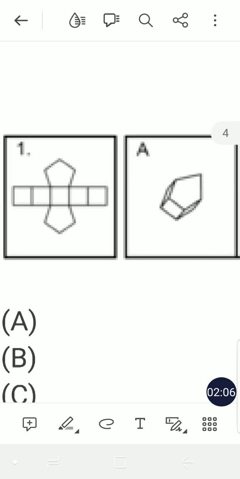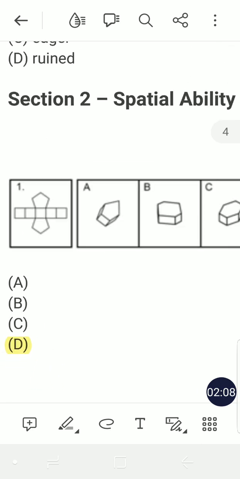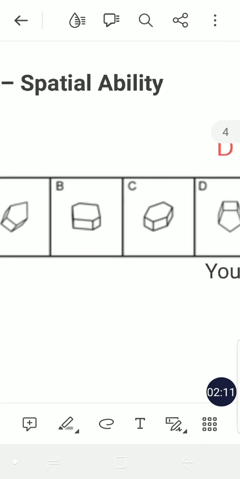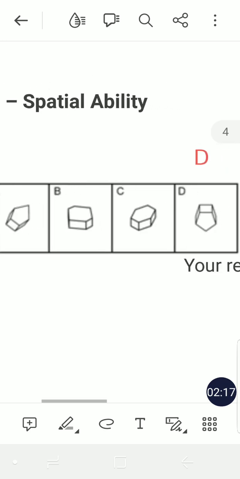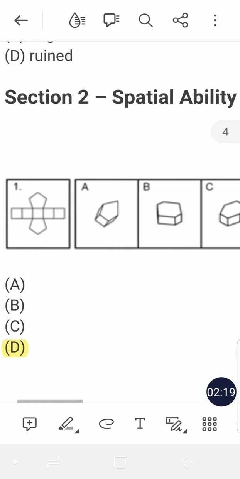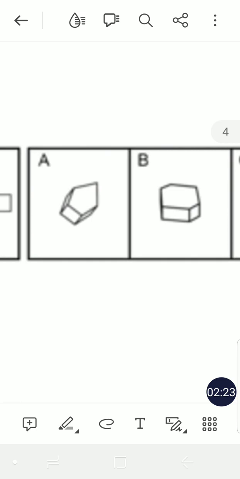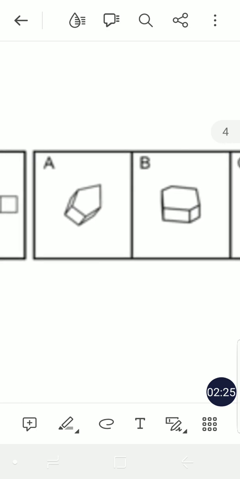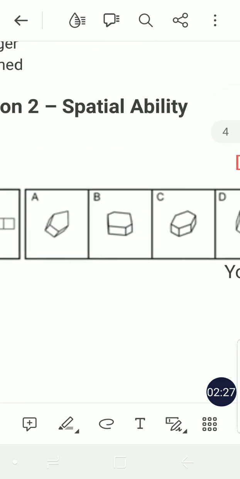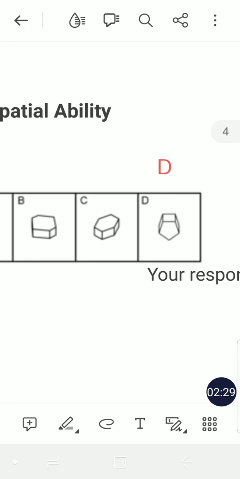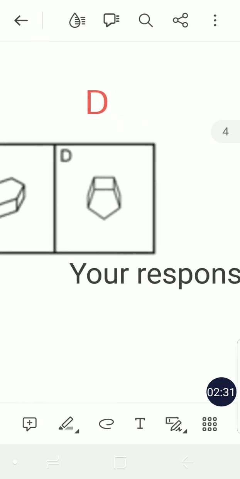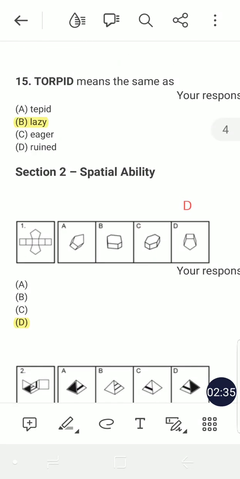So from the choices, we see right away that B and C will not work, so they're eliminated. So we're left with A and D. But then if we look closely, A has a steeper or more pointed tip of the triangle. So the only valid choice is letter D.